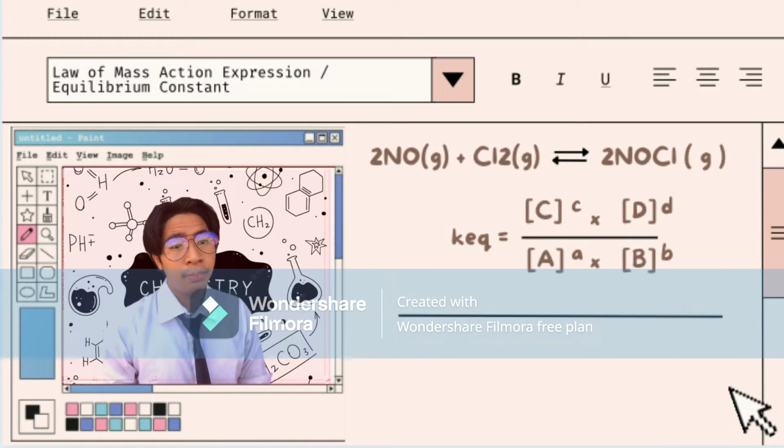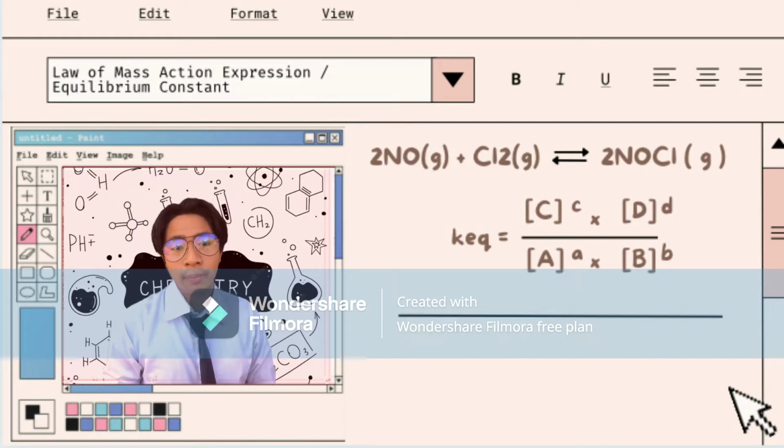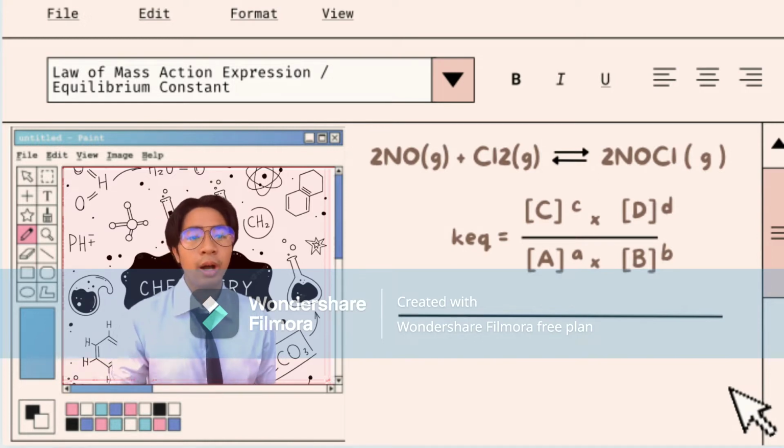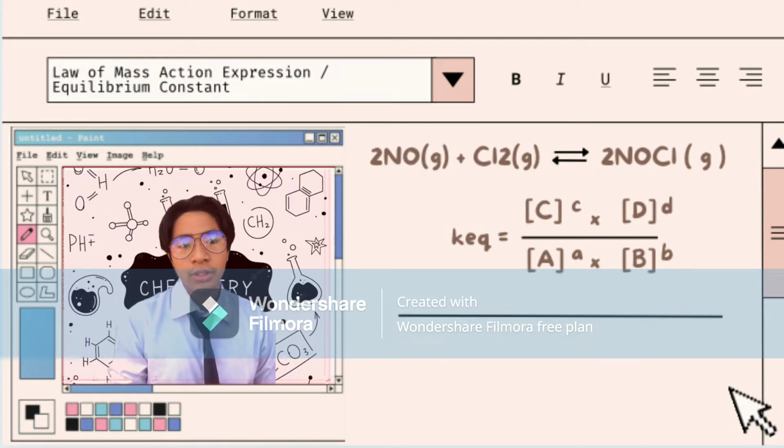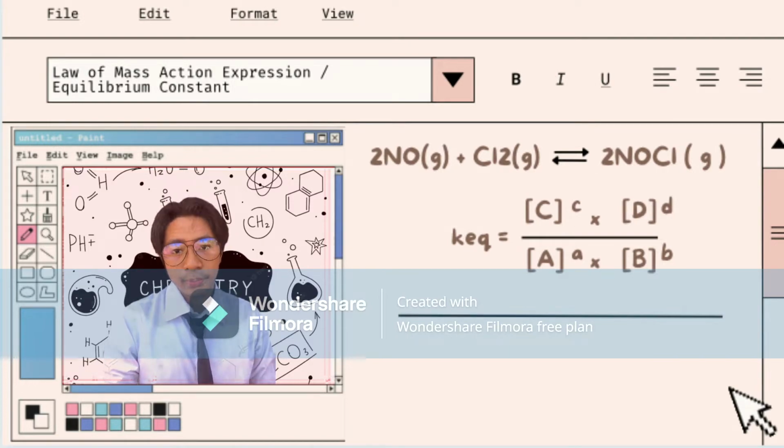Likewise, we're going to put the reactants on the bottom. It's simply the concentration raised to the moles. Meaning to say, the product side would be the numerator and the reactant side would be the denominator. All the capital letters represent each chemical, and outside the bracket the small letters show their numerical coefficient or number of moles.